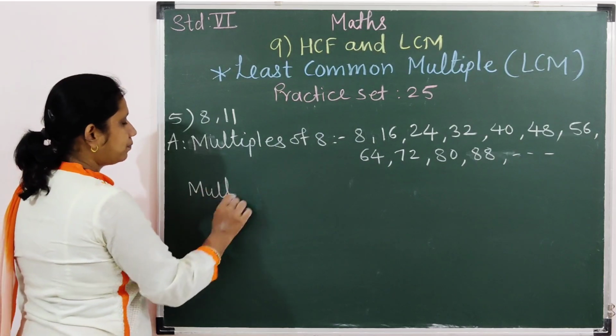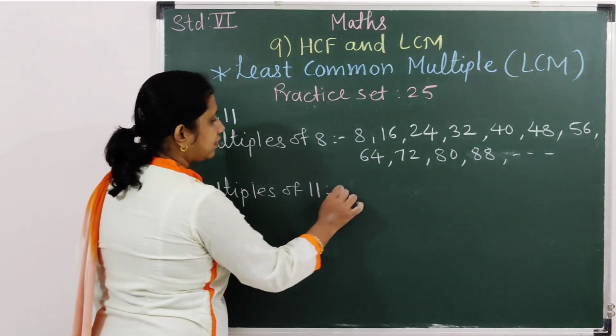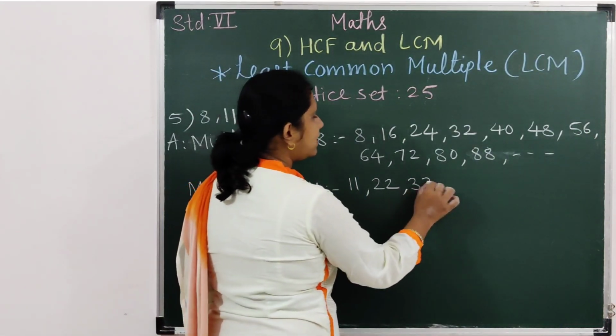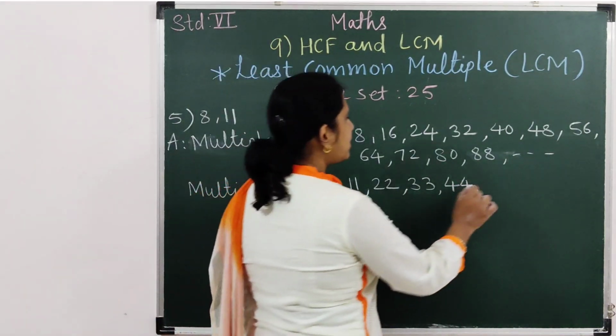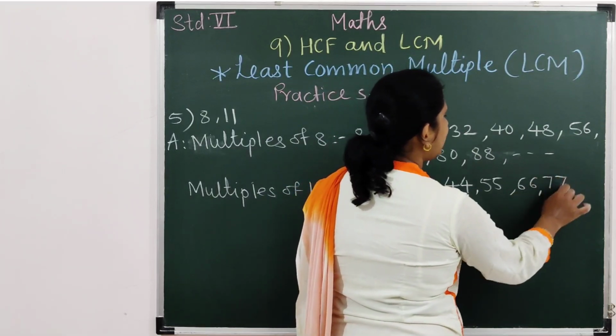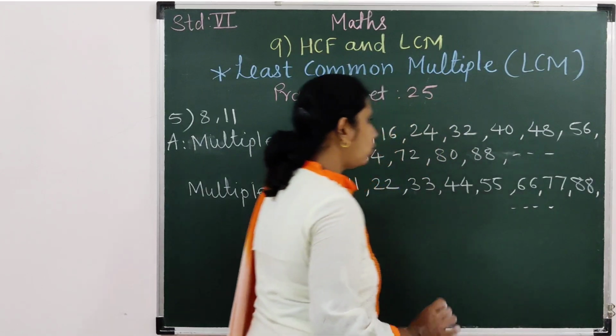Multiples of 11. 11 ones are 11, 11 twos are 22, 11 threes are 33, 11 fours are 44, 11 fives are 55, 11 sixes are 66, 11 sevens are 77, 11 eights are 88 and so on.